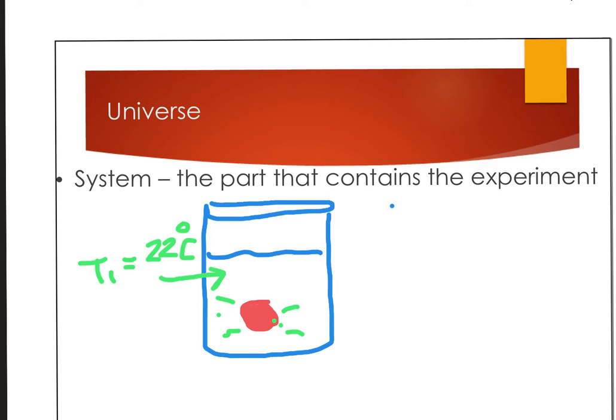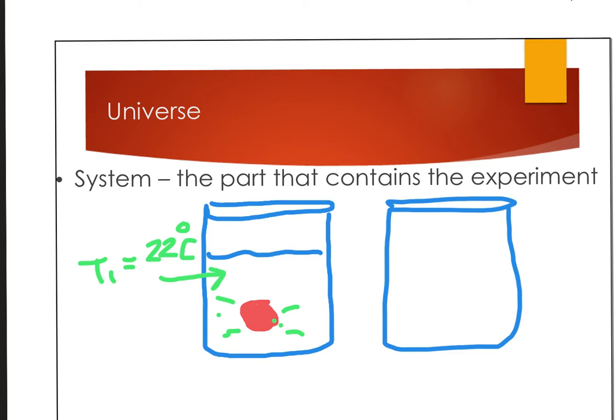so that when I'm all done, okay, we can no longer see my substance, but when I measure again, because it's dissolved, right, my T2 is now 35 degrees Celsius.